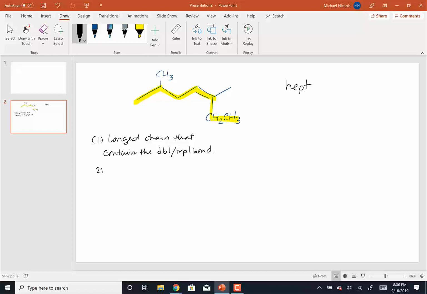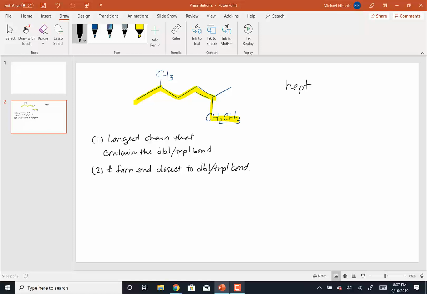Then rule number two says, okay, now we've got to number this. And here's what gets priority. What gets priority is we're going to number from the end closest to the double or triple bond. So that takes precedence.